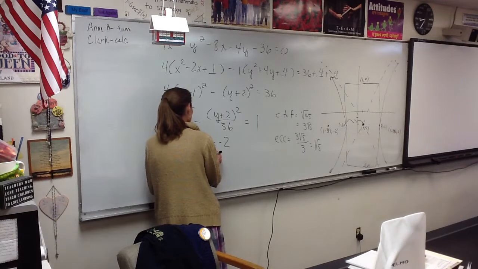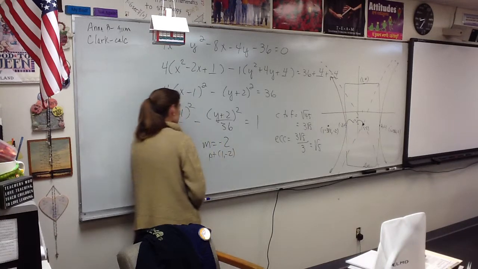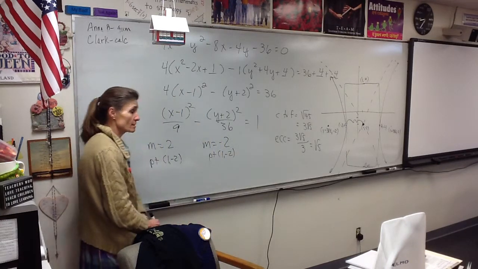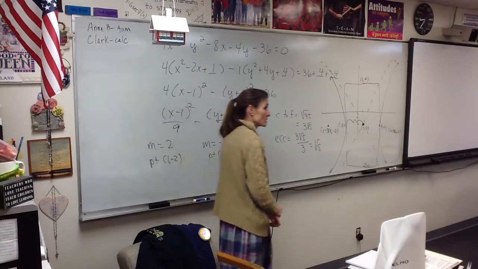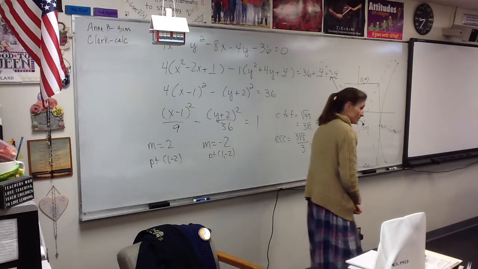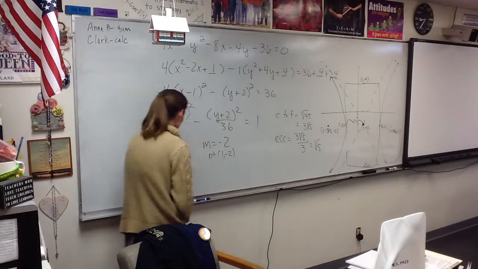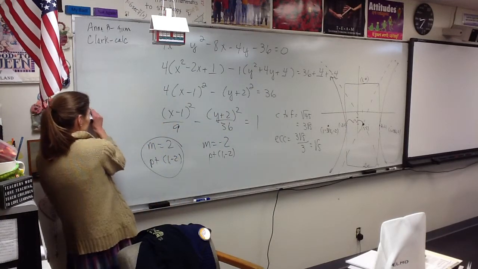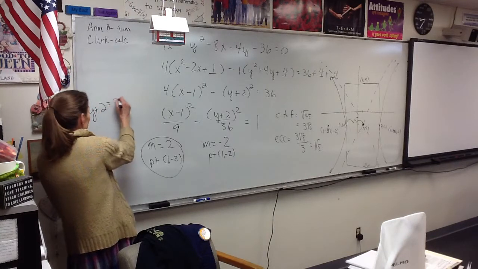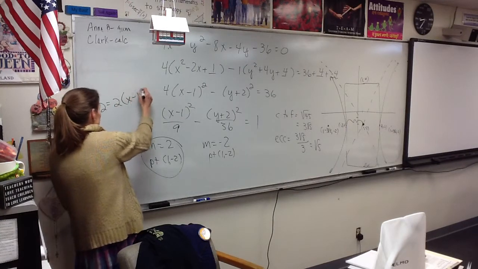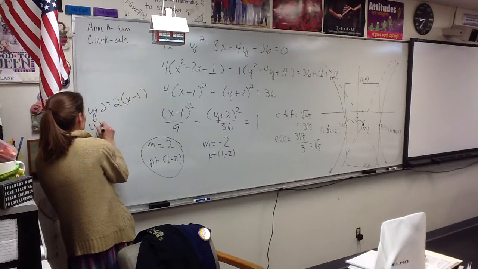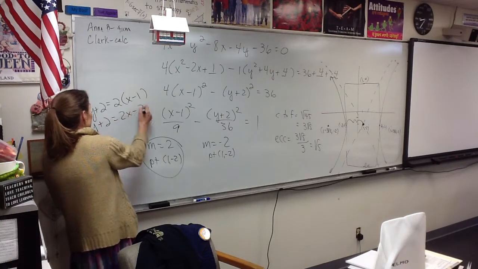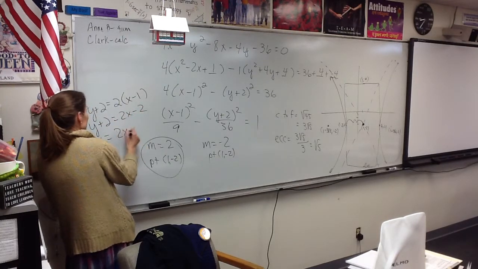And this is 2 separate problems. And you will do either point slope or slope intercept. So I'll do one of them here. I'll say y plus 2 equals 2 times x minus 1. So y plus 2 equals 2x minus 2. Y equals 2x minus 4.